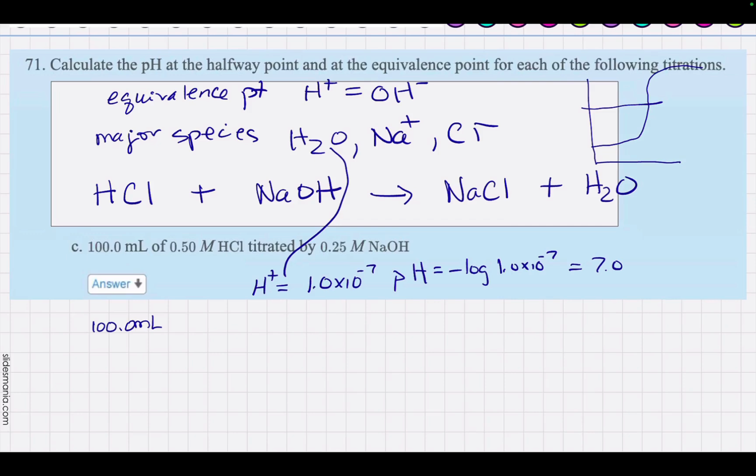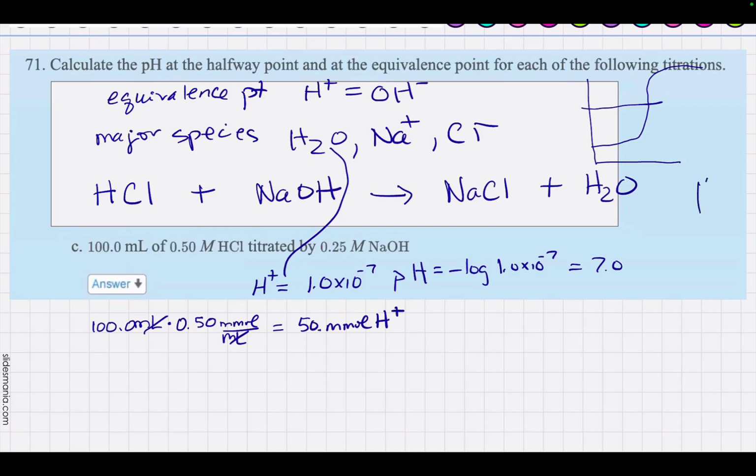I have 100 mL of 0.50 molar, and remember, if we do millimoles, this would be millimoles per milliliter. So that gives me 50 millimoles of hydrogen ions present.